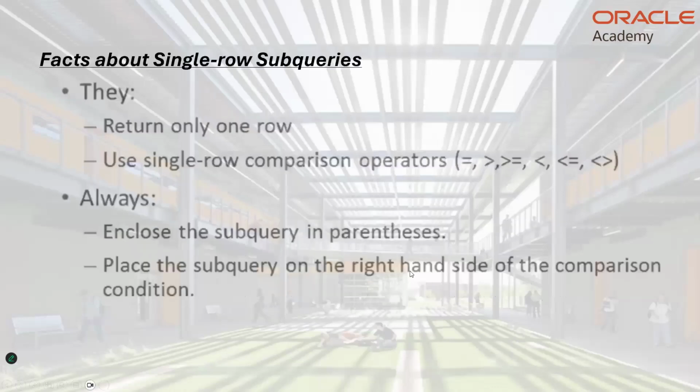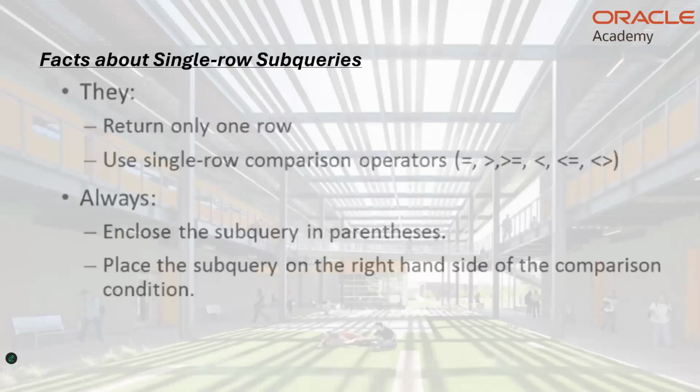All right, let's move ahead. So, facts about single row subqueries. They return only one row. They use the comparison operators that we're normally accustomed to for single row: equal, greater than, equal to, etc. You do enclose them in parentheses.